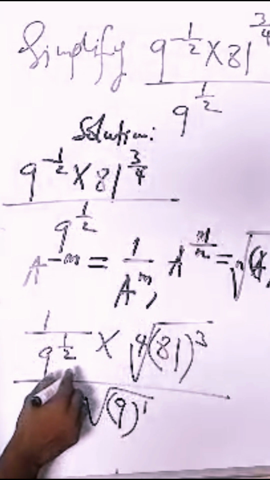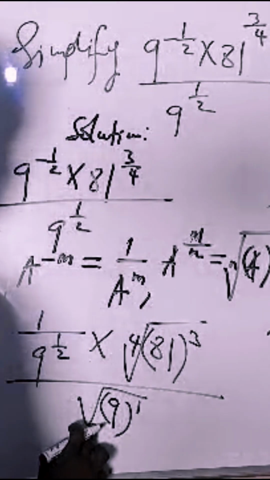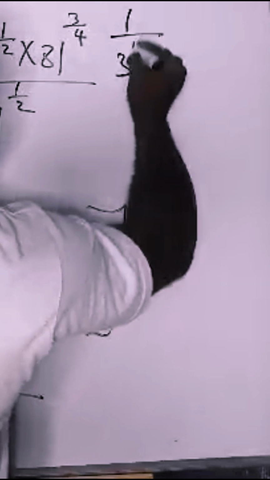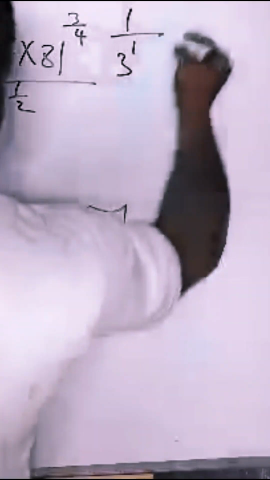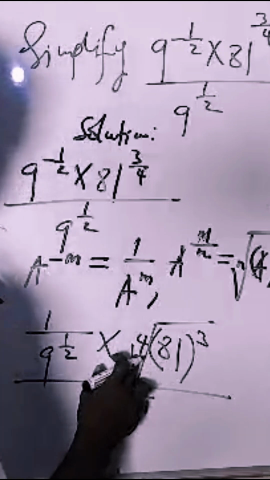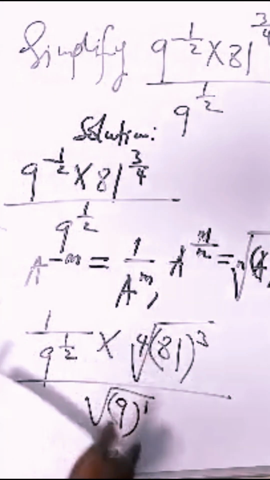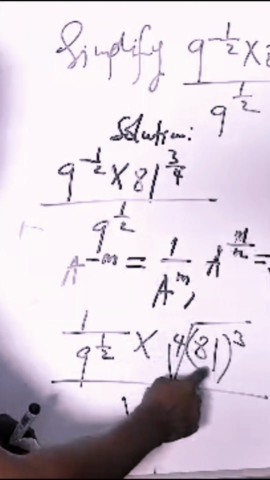Now simplifying further, we have 1 over the square root of 9, which is 3, and 3 raised to 1 is as good as 3. But let me just indicate it for fulfilling all righteousness. Then we have, times the fourth root of 81. How do we go about simplifying this? By thinking of a particular number that can multiply itself 4 times to produce 81.